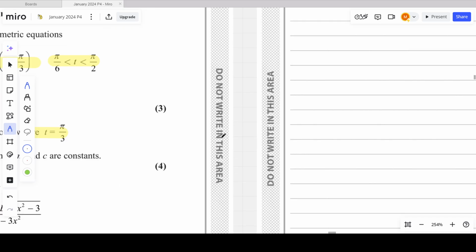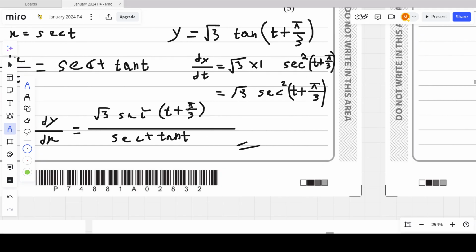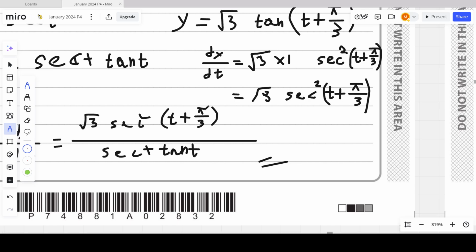Just put pi over 3 into the equation. So pi over 3 plus pi over 3 is 2 pi over 3, which is sec 120 degrees, whole squared. Sec 120 degrees is 1 over cos 2 pi over 3. So what's the value of cos 2 pi over 3?